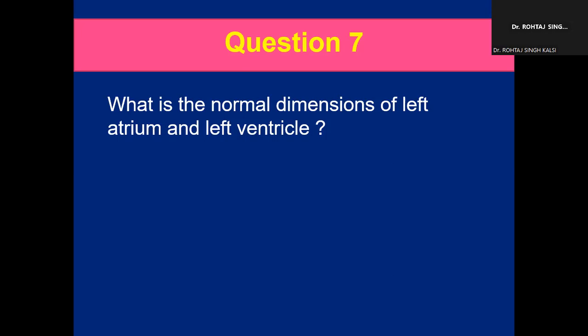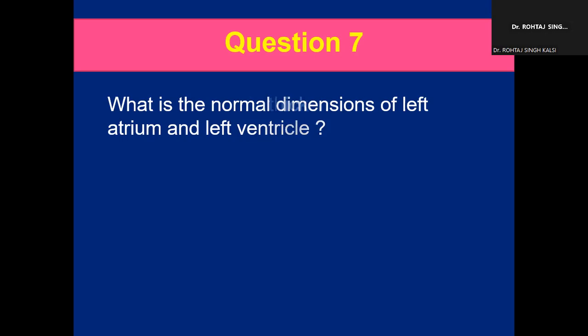Around 22. Dr. Deepak Kumar from Ghaziabad. Left atrium dimensions, Dr. Deepak? Left atrium is up to 40 millimeter. No, we are not talking of absolute value. I'm asking indexed values. I'm not remembering the index values.